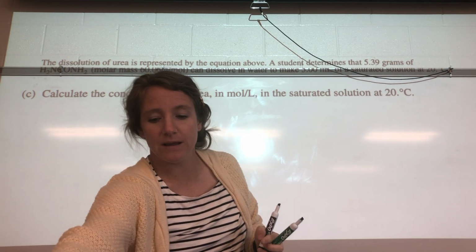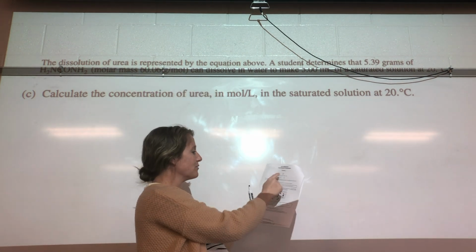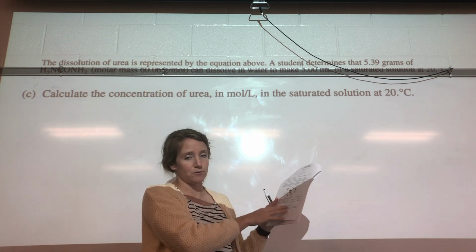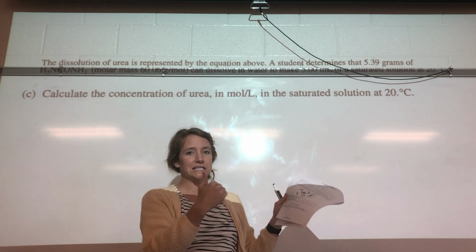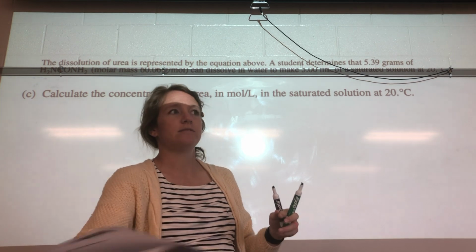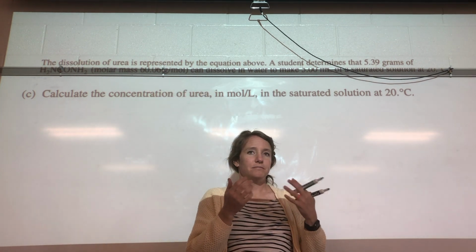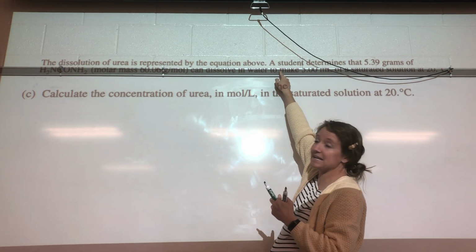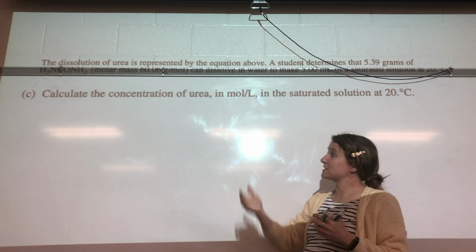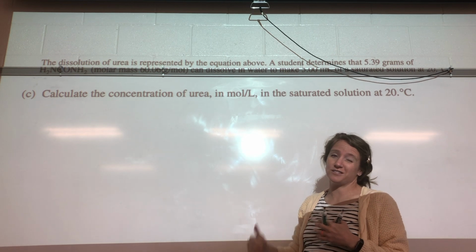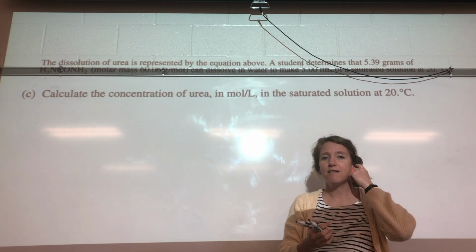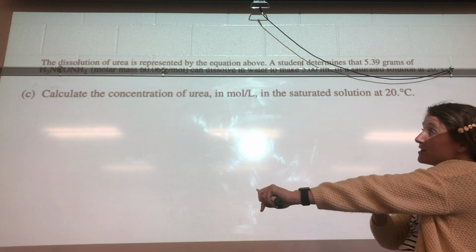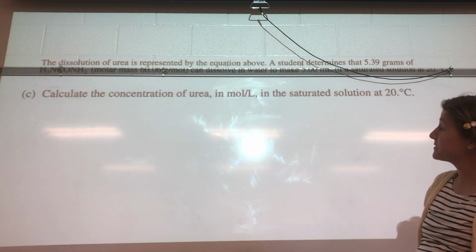In the original question, it gave you information, you then answered A and B. It then gave you this new information before giving you C, D, E. That's a good hint or pattern to look for, in that this new information is going to be used to answer the following questions. You may have to use the original information as well, but don't overlook it because it's going to be important. It tells us here that the dissolution of urea is represented by the equation above.